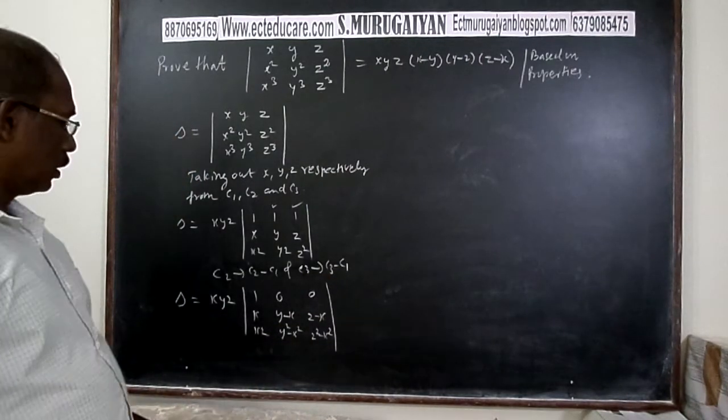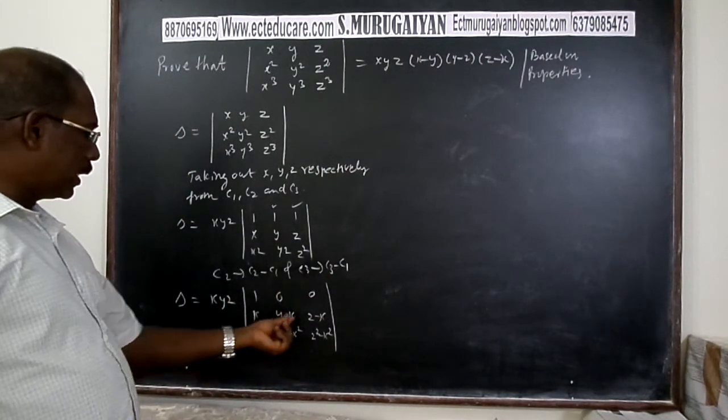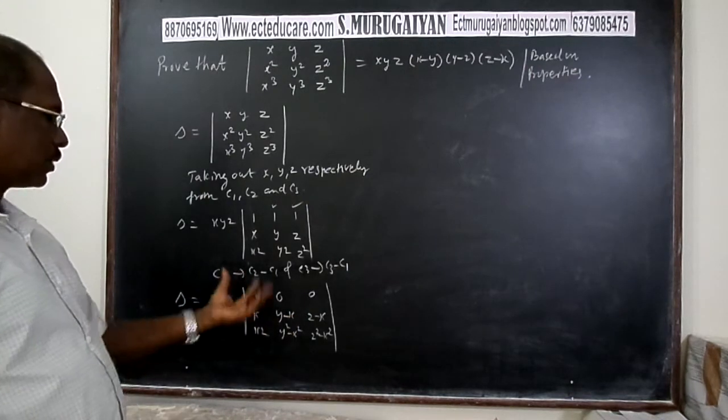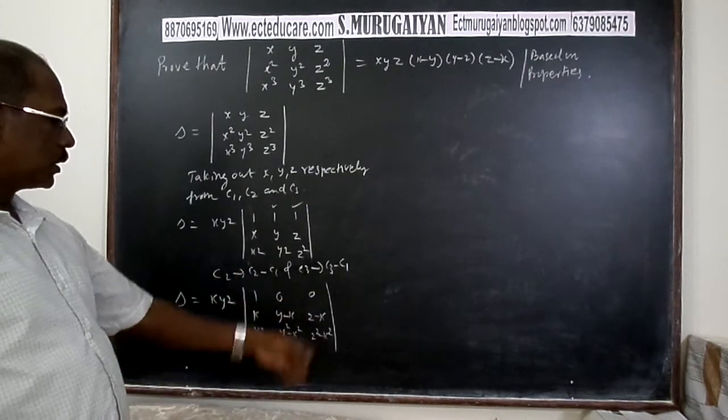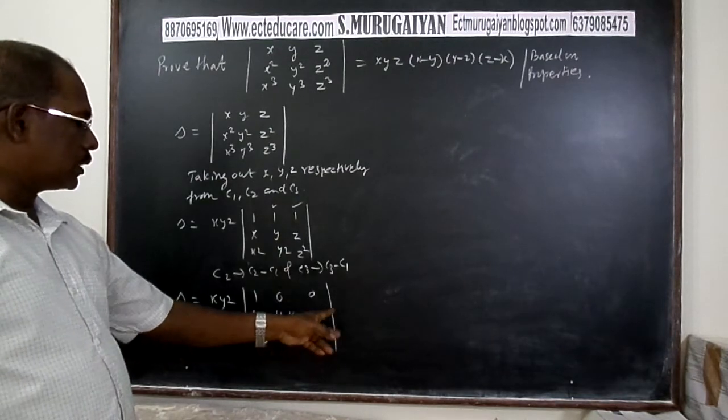Now, from C2 we can take x minus y as a common factor because of cyclic order x, y, and from C3, z minus x can be taken.